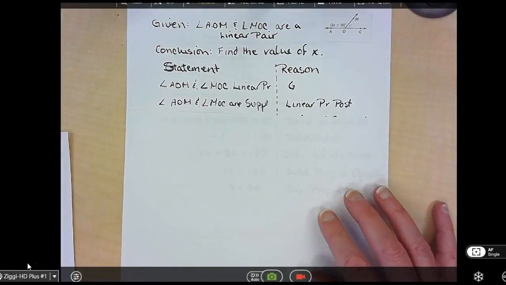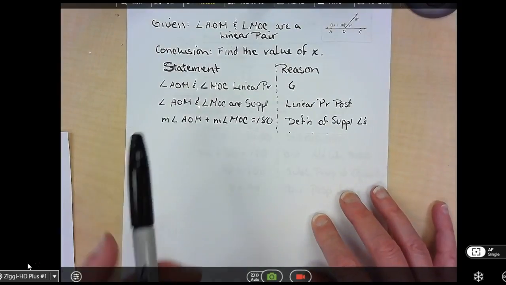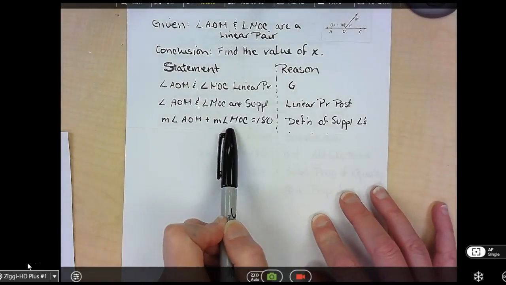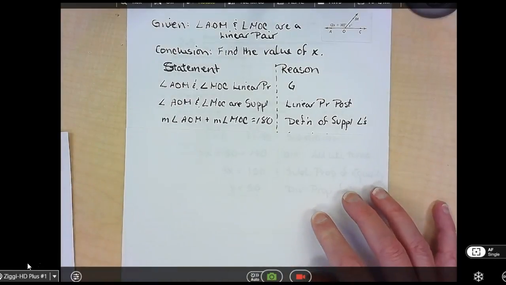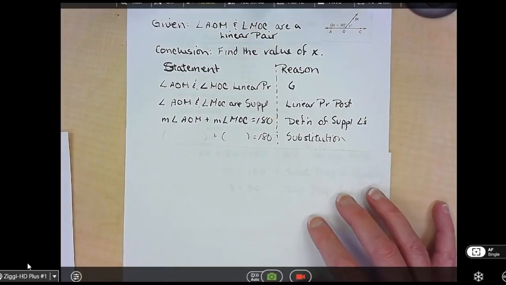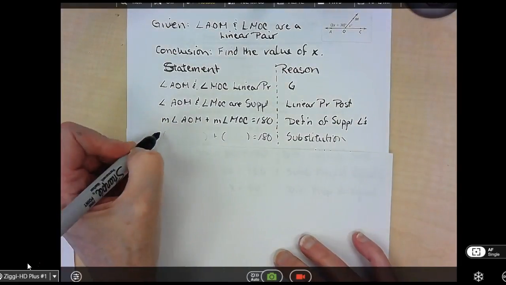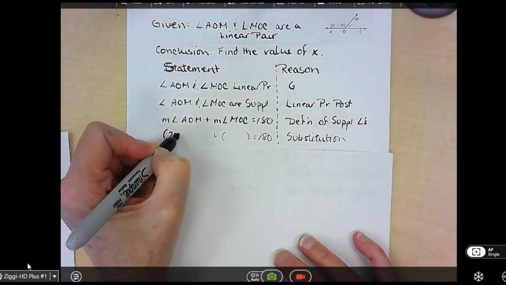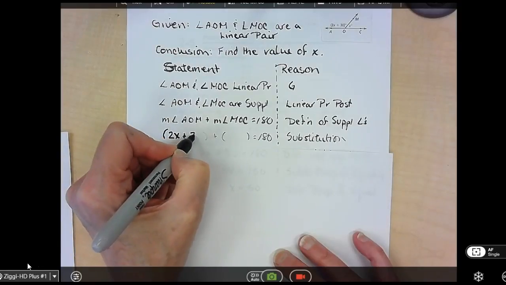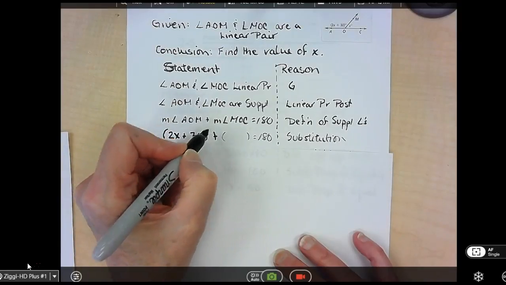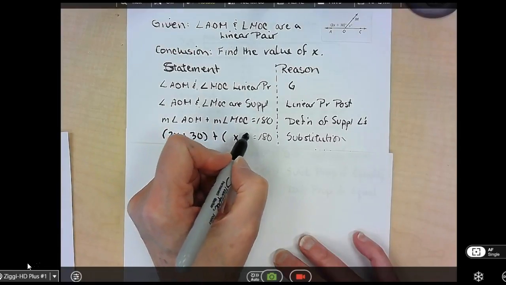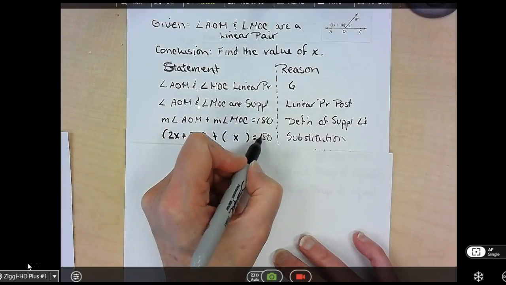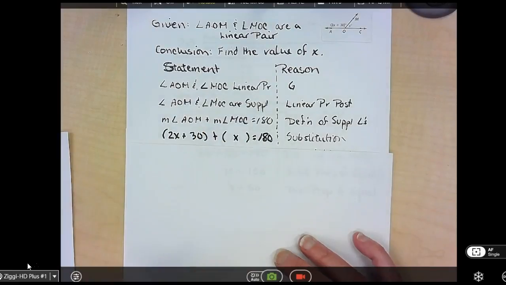And then by definition of supplementary, I know that the two angles add together to equal 180. So now I can do substitution where my 2x plus 30 plus my MOC, which was x degrees, equals the 180 degrees.